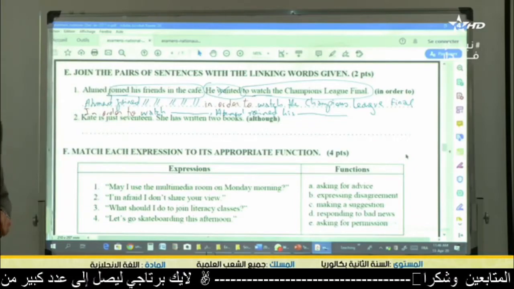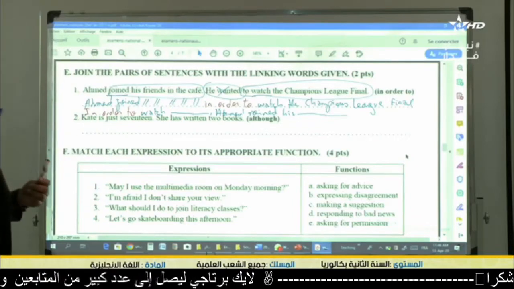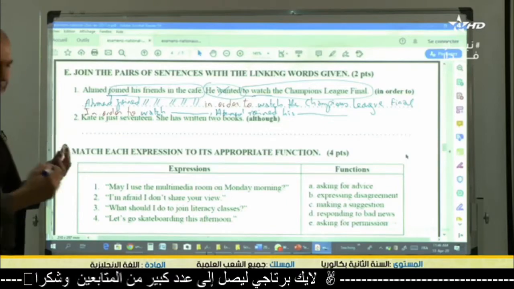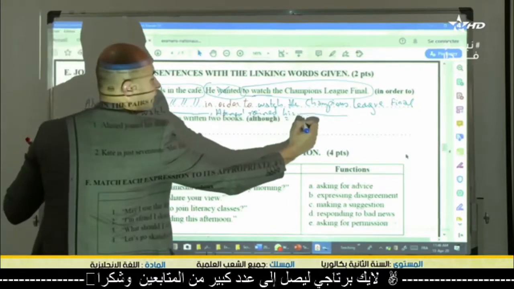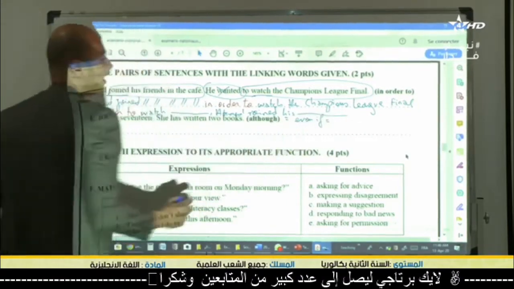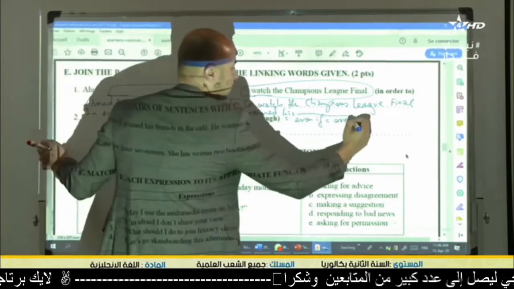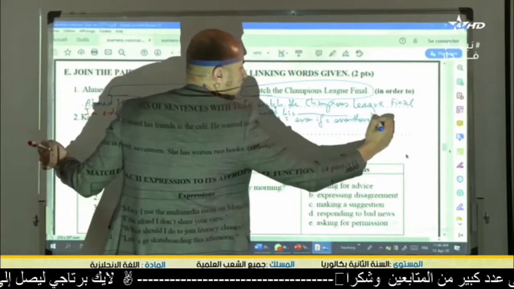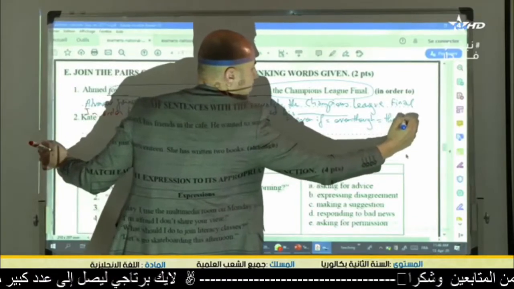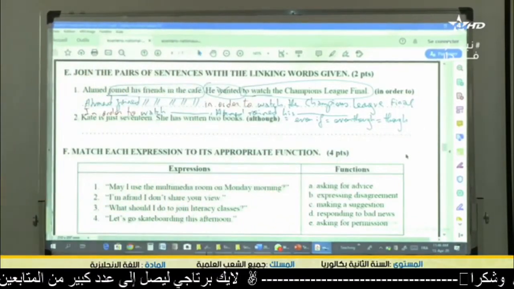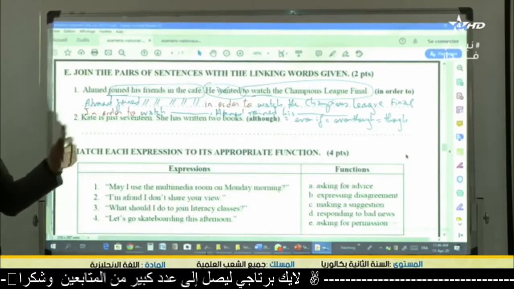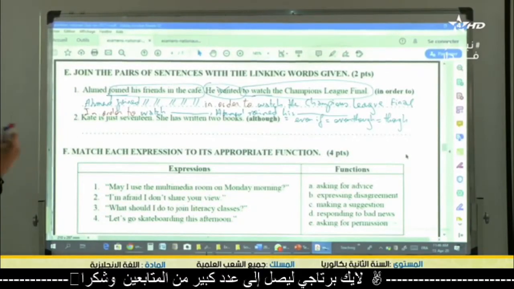Here it's concession. We have although, a synonym of although, it's like even if, even though, or though. So Kate is 17, so she has written 2 books.